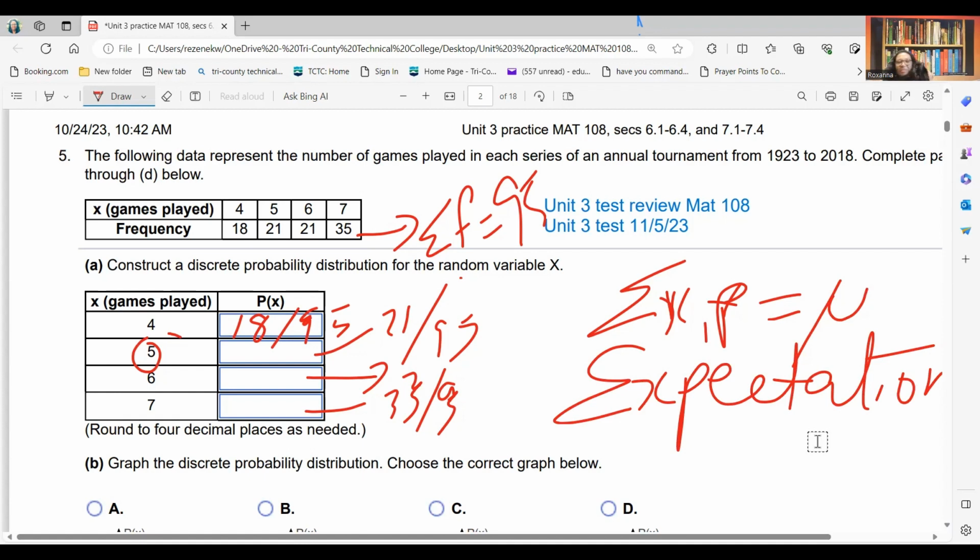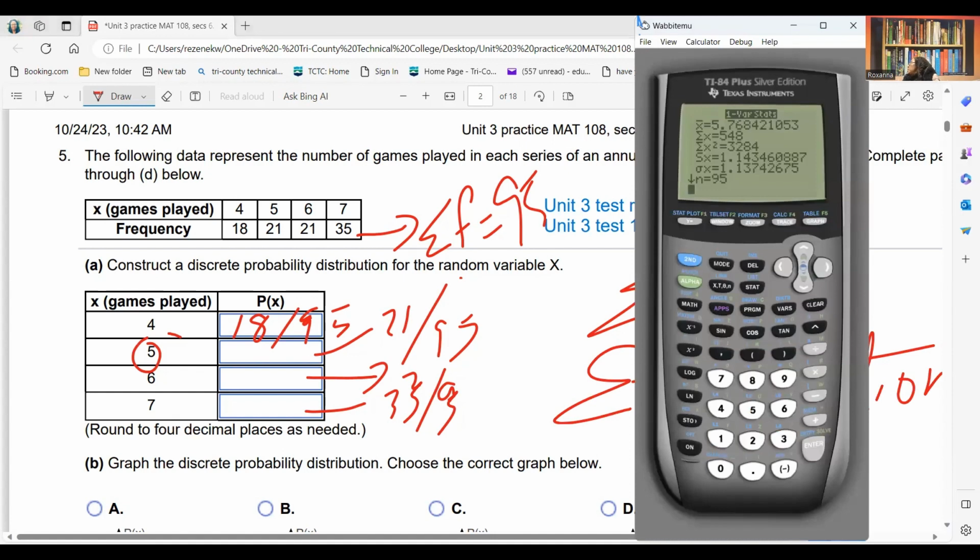All right, but I'm using my calculator, and my calculator knows how to find the mean, provided I tell it that I'm doing one variable stat with a grouped data.